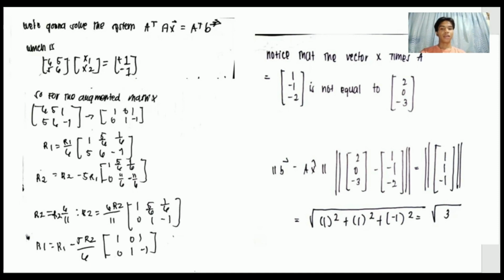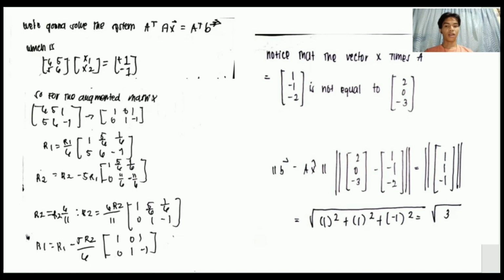We are aiming for this 6 5 1 and 5 6 negative 1 to become 1 0 1 and 0 1 negative 1. To do that, we need to follow the steps of reduced row echelon form, which is we first look at row 1. From 6 we need to make it 1, so we need to divide it by itself.